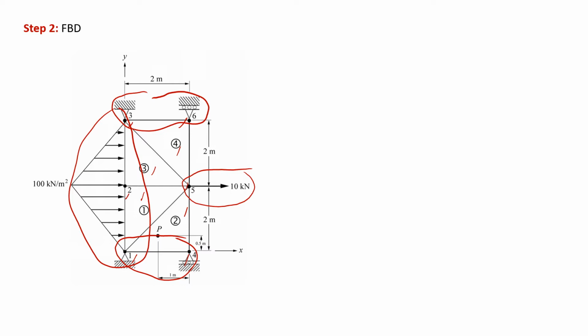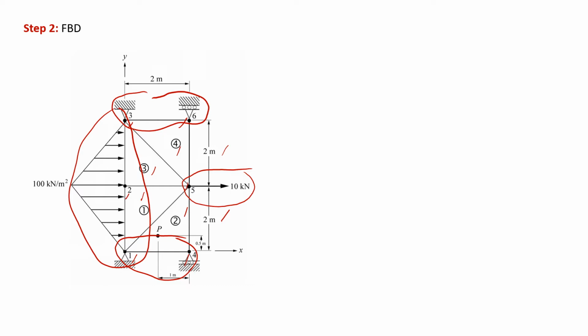Besides that, we also have to consider the dimension. If you look carefully, the dimension above the edge 25 is 2 meter. The bottom part is also 2 meter. In other words, it is symmetrical.